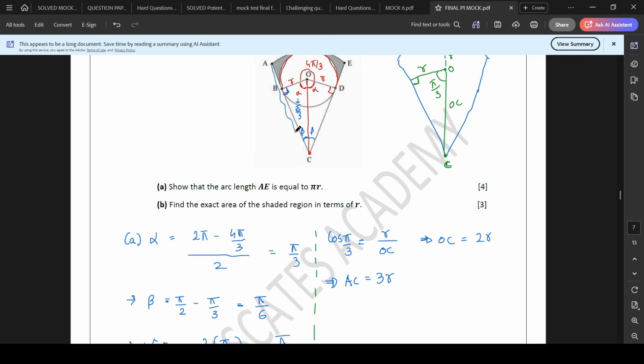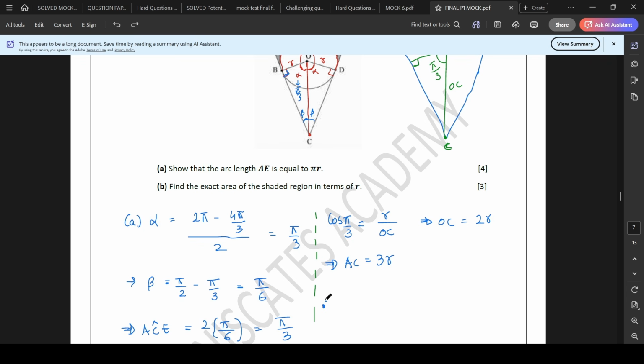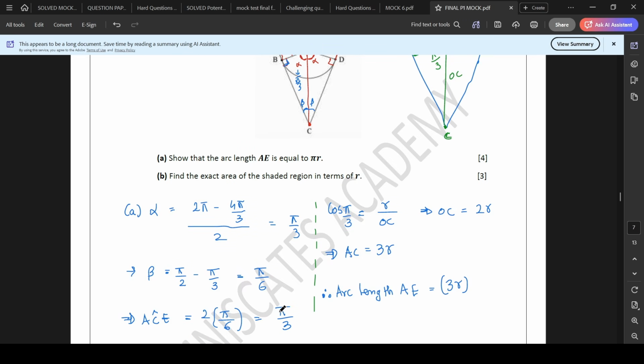Now I am having that radius and the theta both. So to find the arc length AE, therefore I'll say that arc length AE is equal to R theta. So R in this case is 3R, and the theta, the angle that we got, was pi by 3. Let me write it properly.